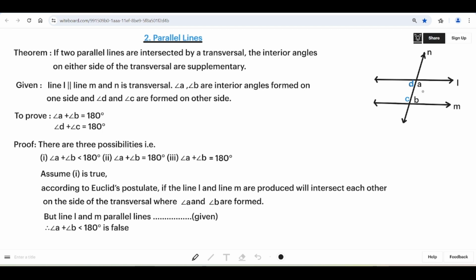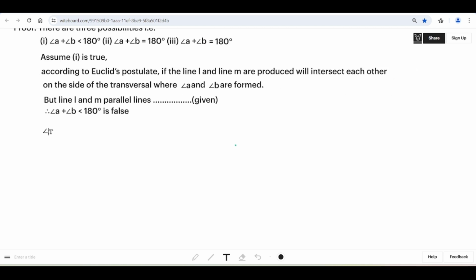So the sum of the measures of these angles is 180 degrees. Then we can have angle A plus angle D is equal to 180 degrees, and similarly angle B plus angle C is equal to 180 degrees. This is from the linear pair of angles.